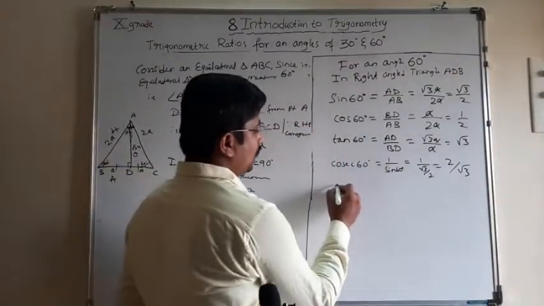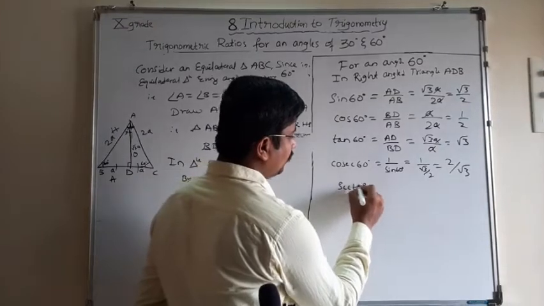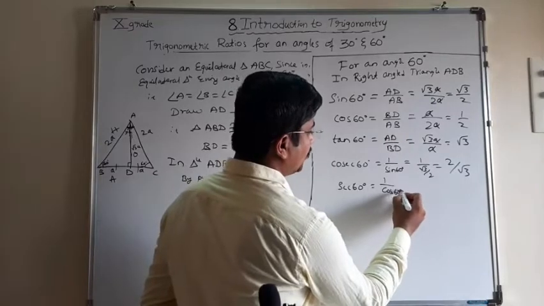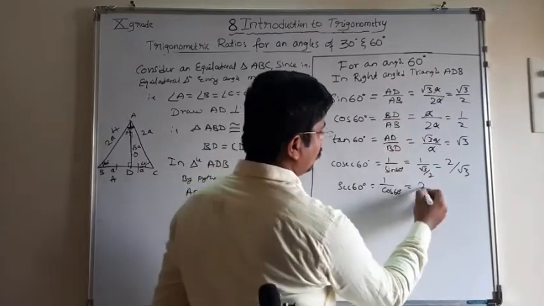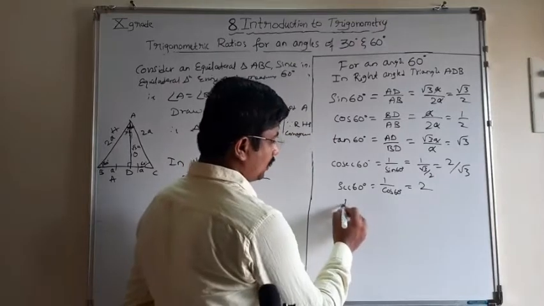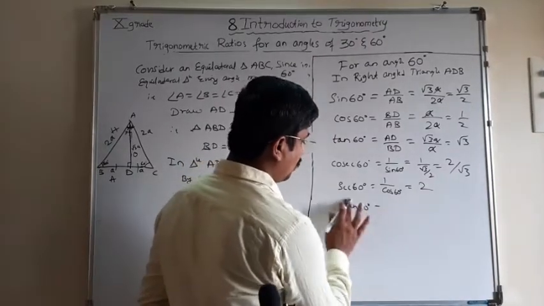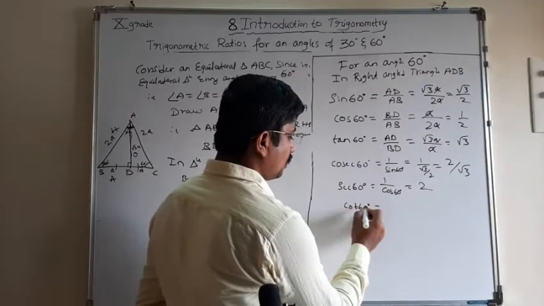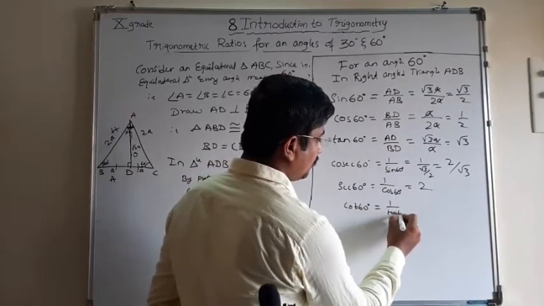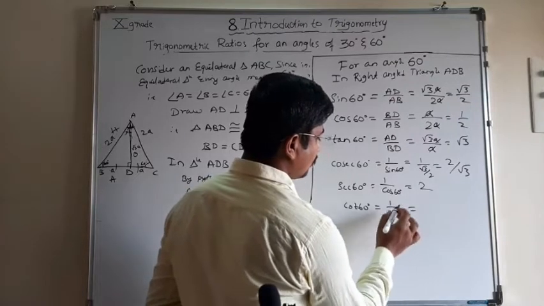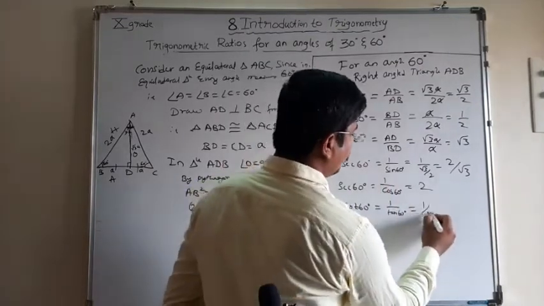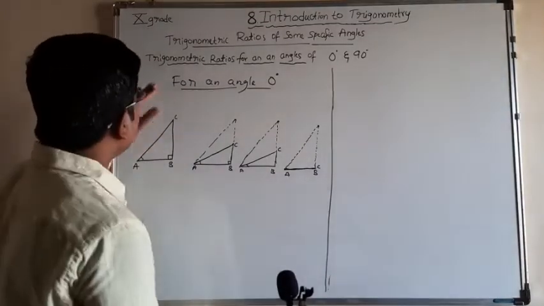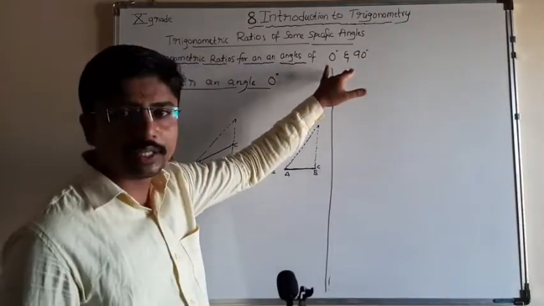Like that, sec 60 degree is equal to 1 upon cos 60 degree, that is equal to 2. And cot 60 degree is equal to 1 upon tan 60 degree, that is 1 by root 3.